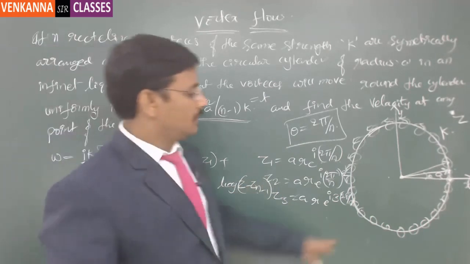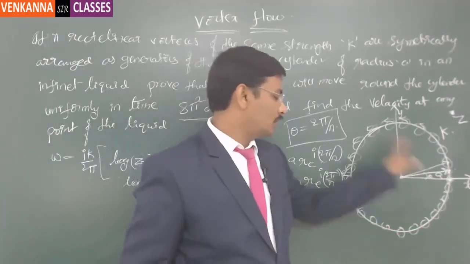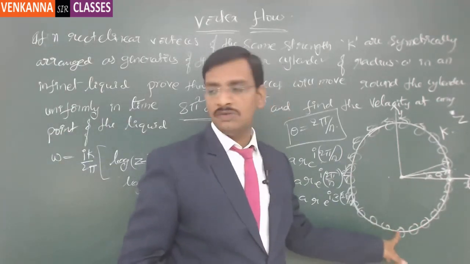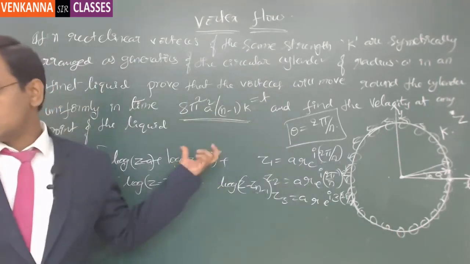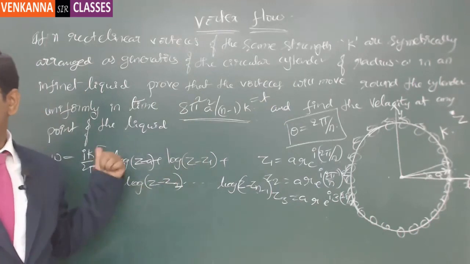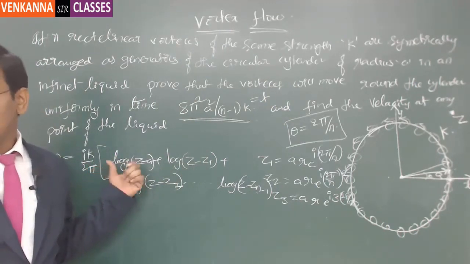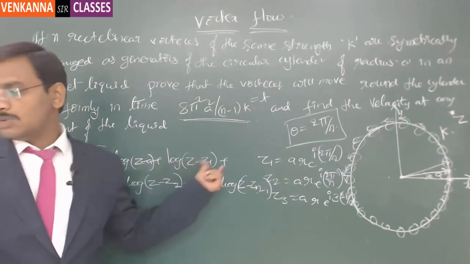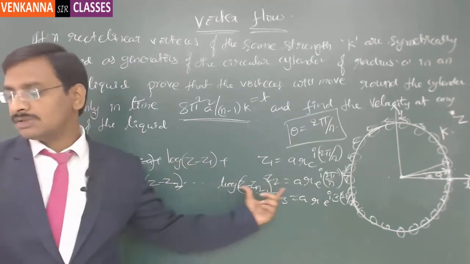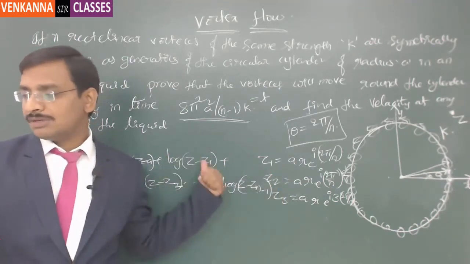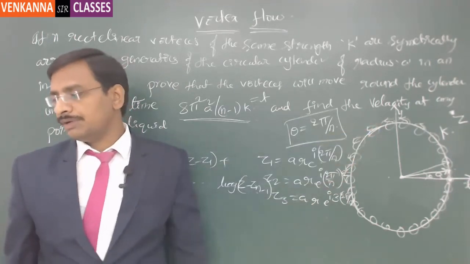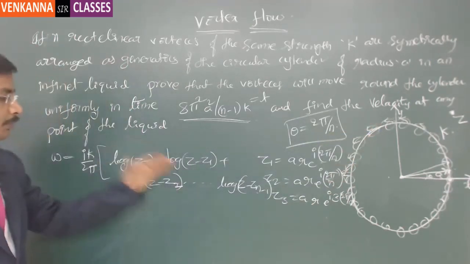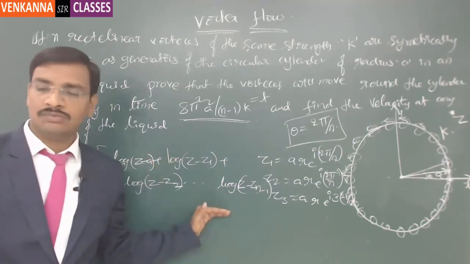Because if you start with 1, it will end with n minus 1, then the next one will be n. Got it? So this is how all the vertices are modeled as the complex potential. Now Ik by 2 pi is taken common, then log of Z minus A, Z minus Z1, Z minus Z2, Z minus Z3, like this. All the complex potentials are modeled for each vertex to have a velocity at the point Z. Got it? Now it is up to you to simplify this one.